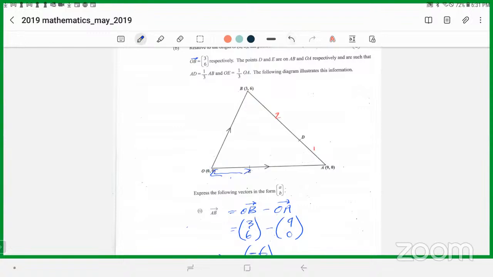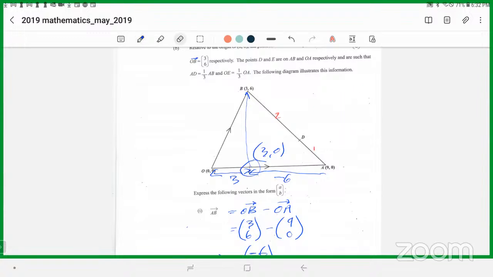So write this as 3 units across. I remember this was -6 to come back, and then we go straight up. So it looks like this point is 3, 0. So it means that the vector OE is 3, 0.